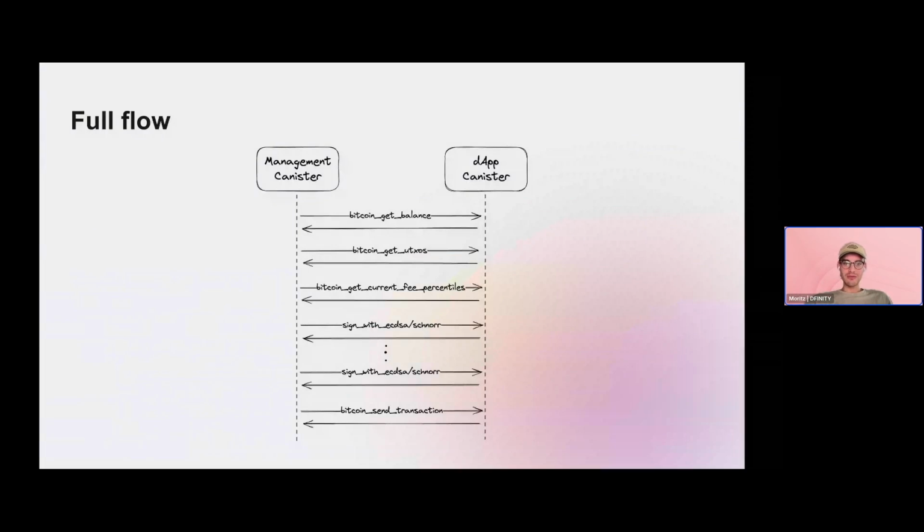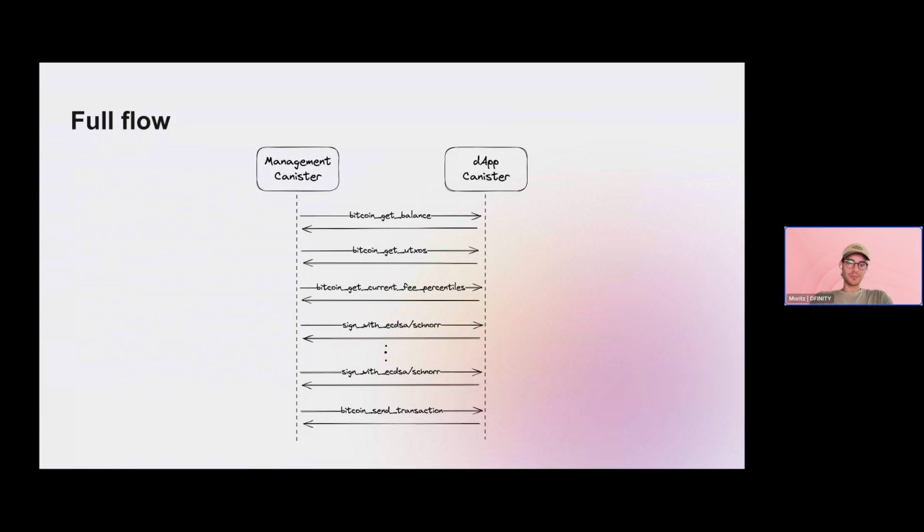So now that we have everything we need, let's look at the flow of a canister sending funds from one of its Bitcoin addresses somewhere else. As we know, both the ckBTC and the Bitcoin API methods are available on the management canister. This is why we call it the management canister.